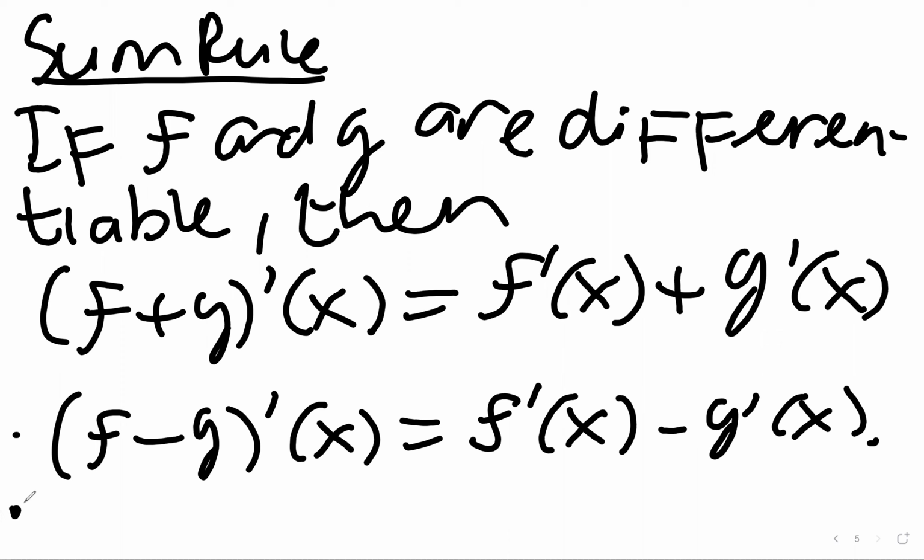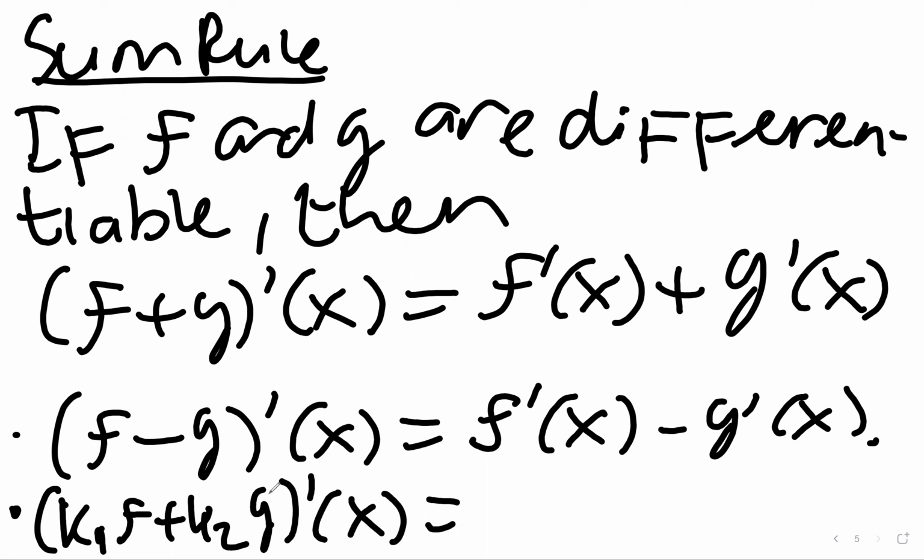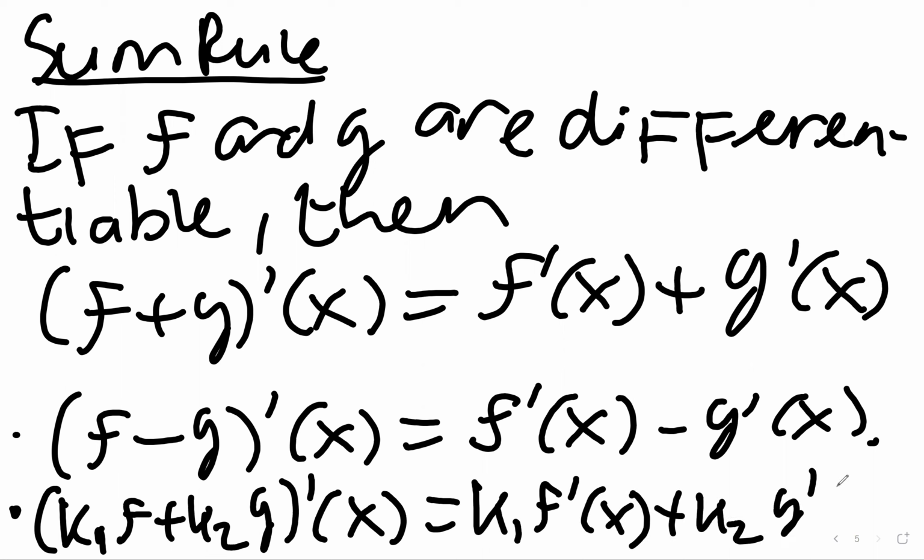Another corollary is that if you have two constants, k1 and k2, then the derivative of the linear combination k1 f plus k2 g, at x, is simply k1 f prime of x plus k2 g prime of x. So that's the derivative of a linear combination, which is a linear combination of derivatives.